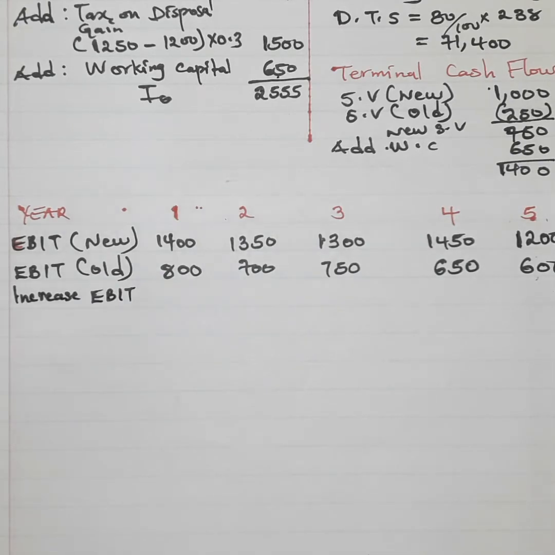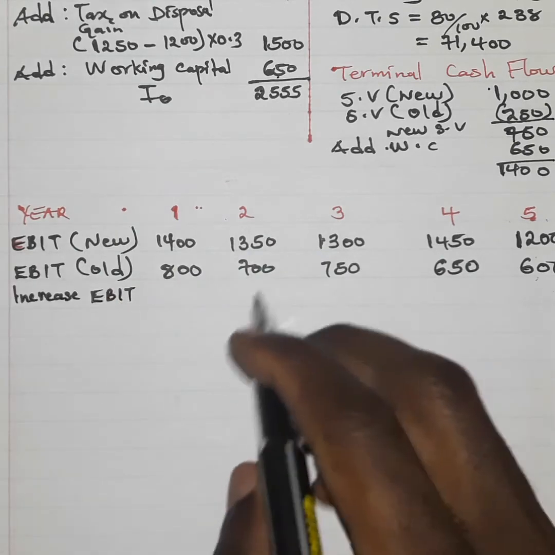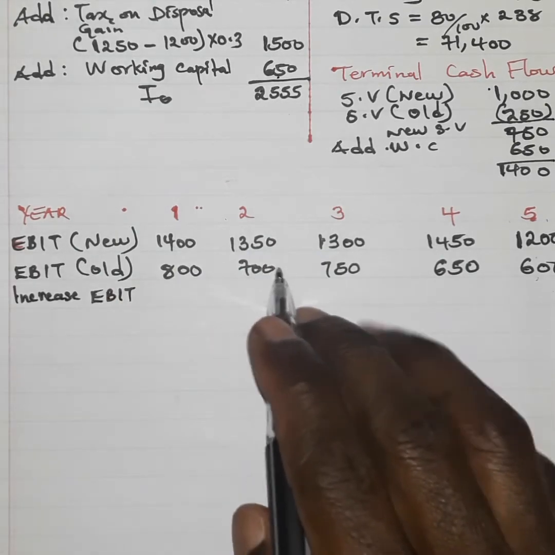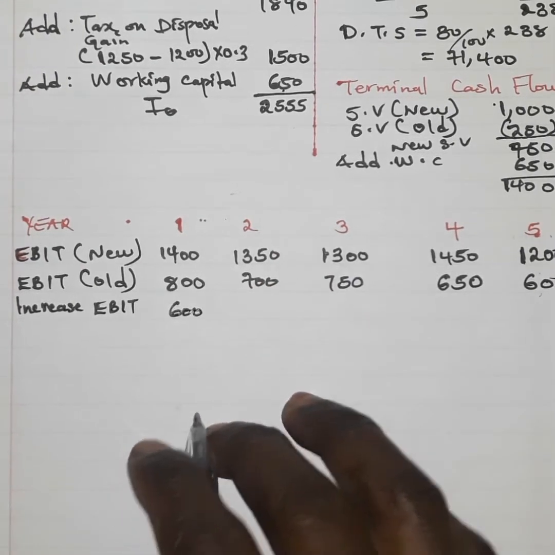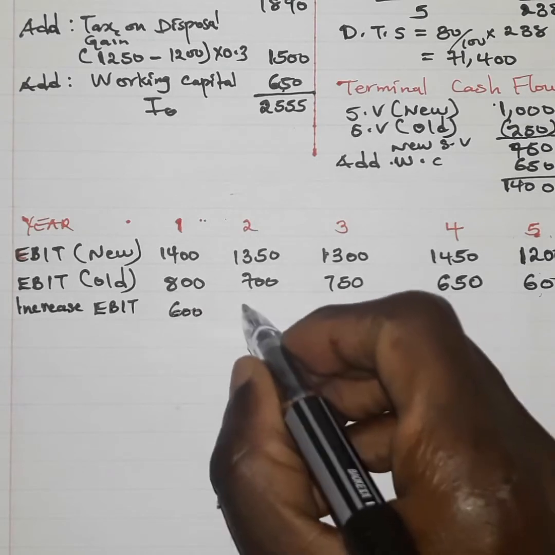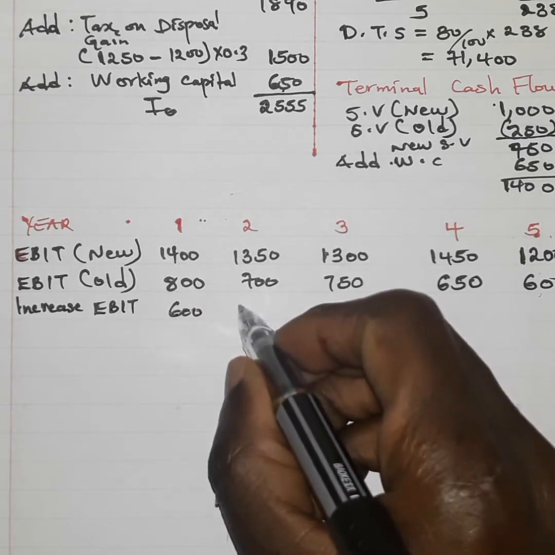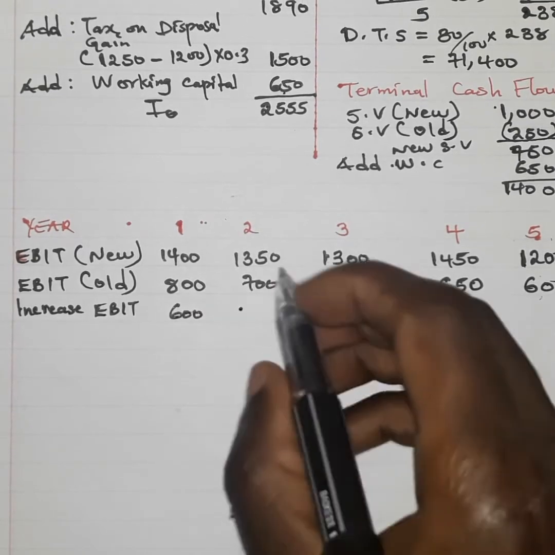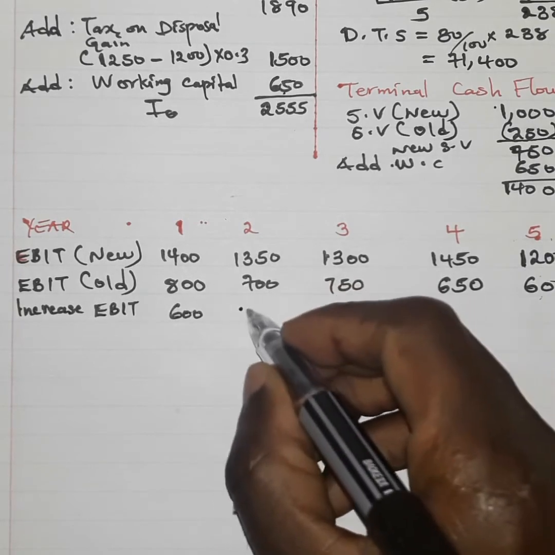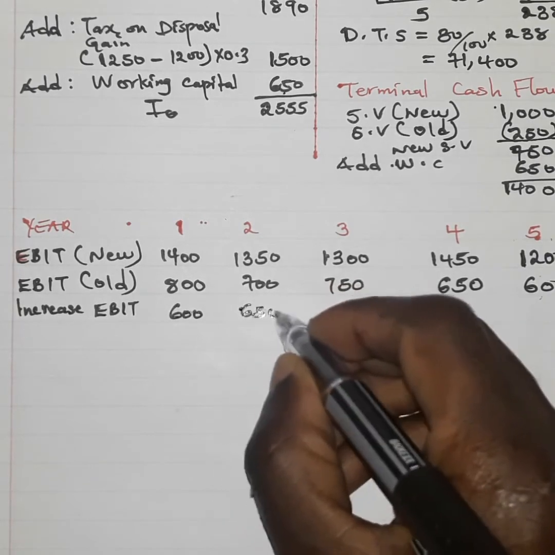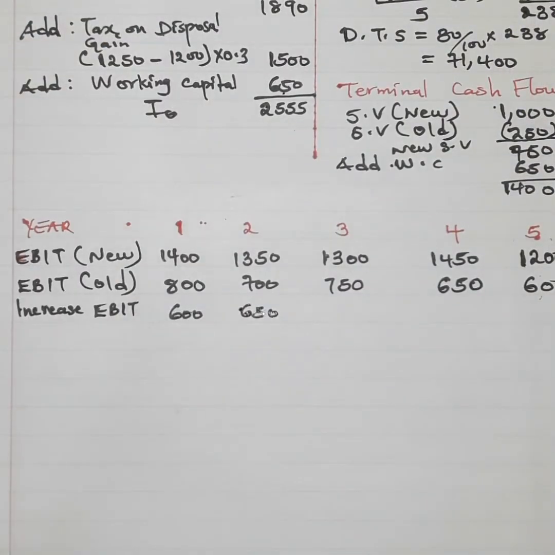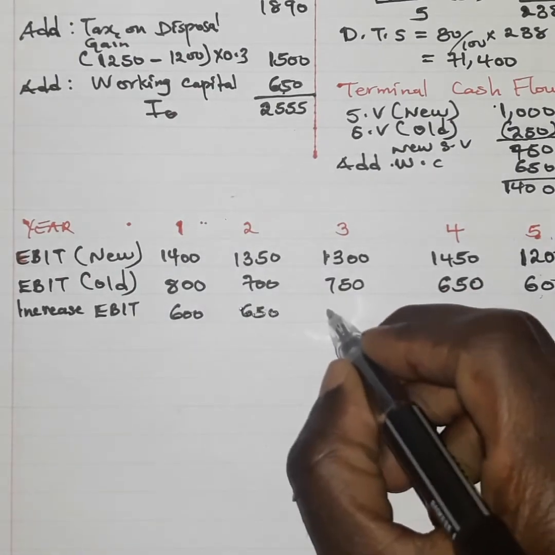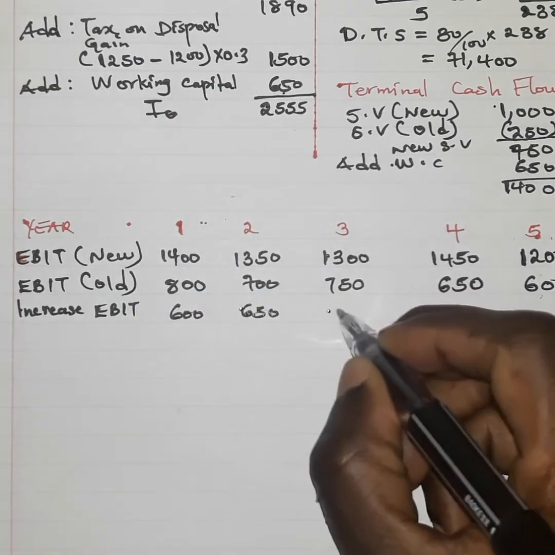When you do that, for this one, you're supposed to have a value of 600,000. Remember, we're working with thousands. In this case, we have a value of 650,000 again. Here 650,000. When you go to the next one, we are supposed to have a value of 550,000.